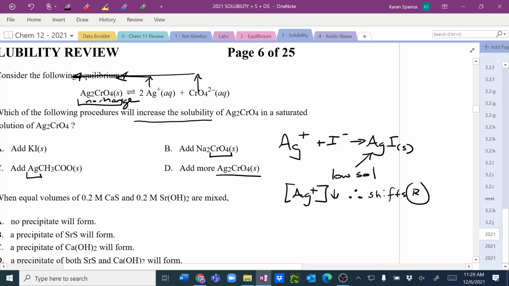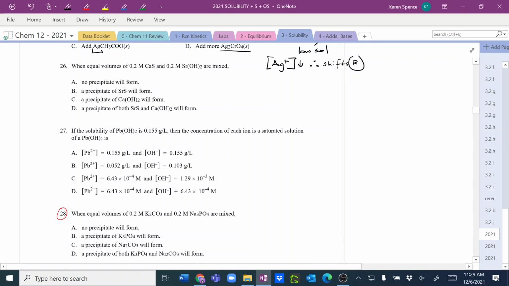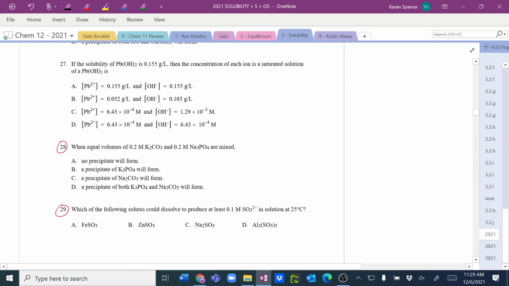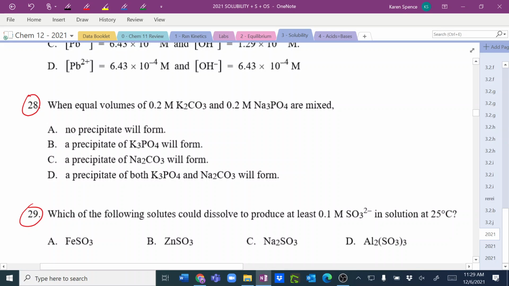Number 28. What will happen when equal volumes of potassium carbonate and sodium phosphate are mixed? Both of your cations are alkalis.